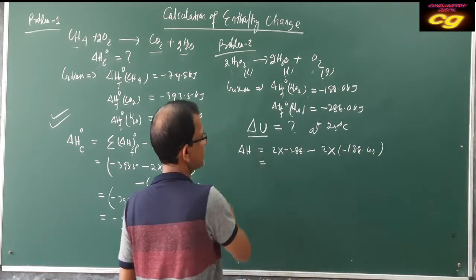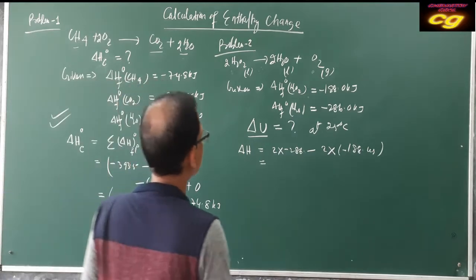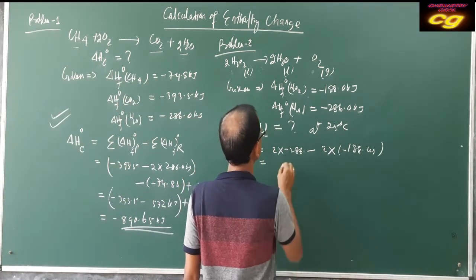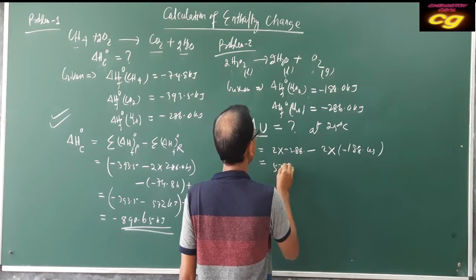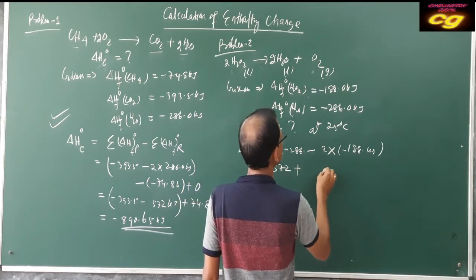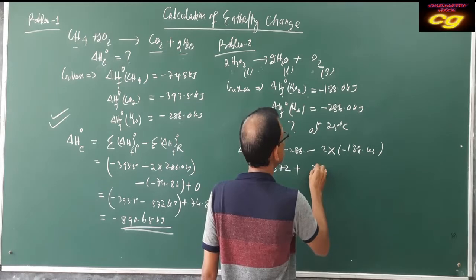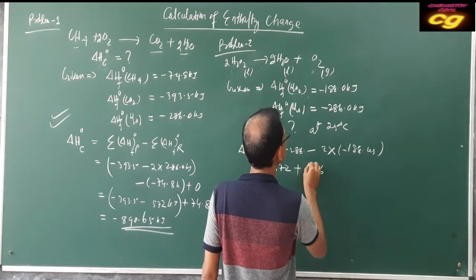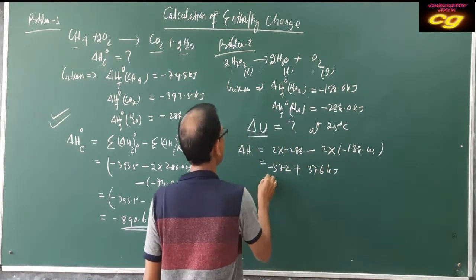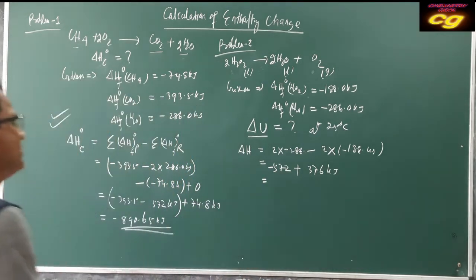So how much result do you calculate? Minus 572 plus 376, which gives minus 196 kilojoule. So what is the enthalpy change for this reaction?